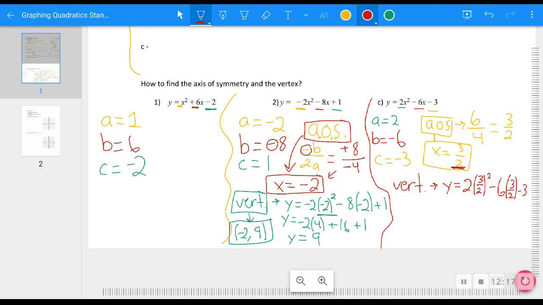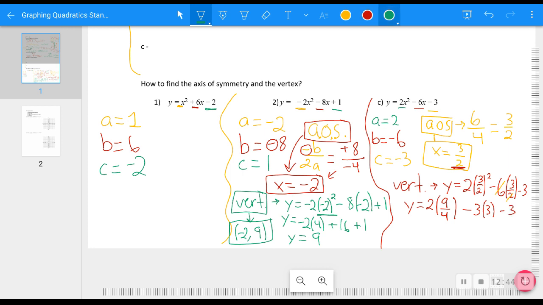So 3 halves squared, we square both the top and the bottom. So we'll have 2 times 9 over 4, 3 squared over 2 squared, minus that 6 and the 2 can simplify down to a 3 times, we still have that 3 on the inside, minus 3.